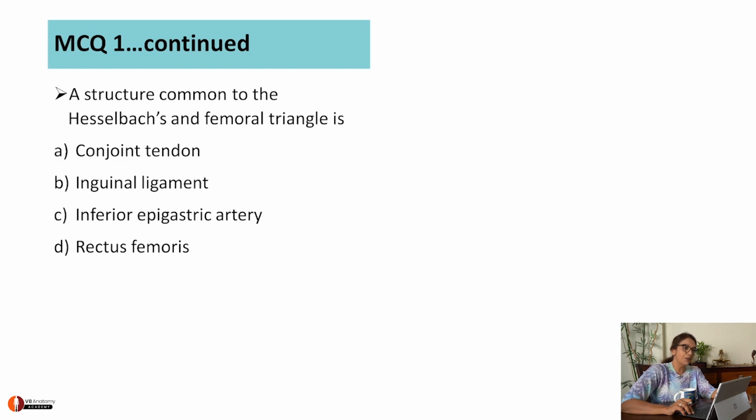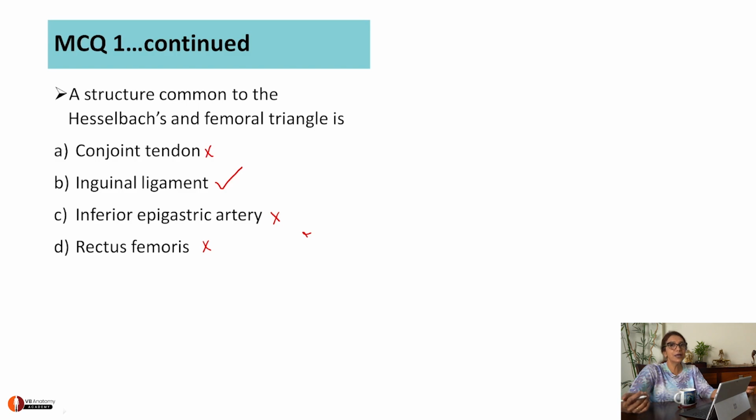So now let's go back to our question. A structure common to Hesselbach and femoral triangle: is it conjoined tendon? No. Is it inguinal ligament? Yes. Is it inferior epigastric artery? No. Rectus femoris? No. So you must be wondering, ma'am, if we already know the answer, why are we seeing the other two options? Sometimes it's better to check the other options because it may be a trick.